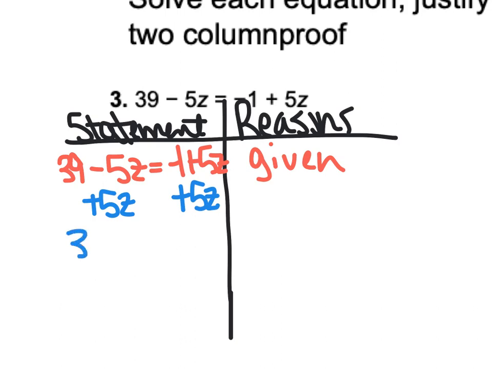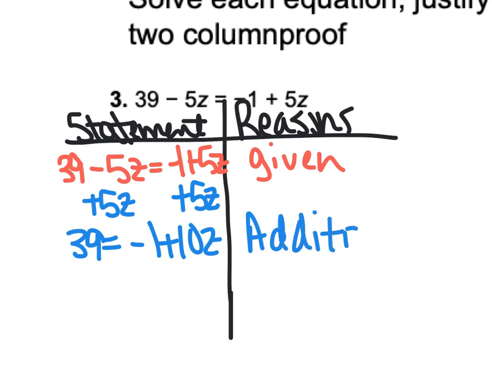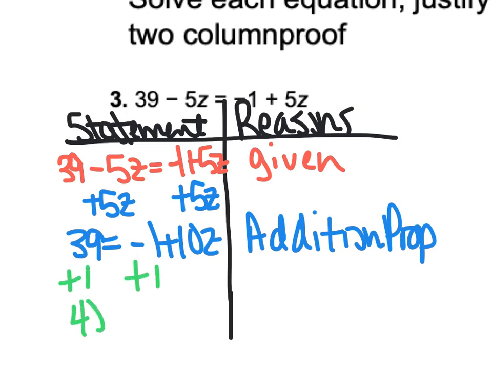So we're left with 39 equals negative 1 plus 10z. Okay, how did I get that? Well, I added 5z to both sides, so that's the addition property of equality. And then, what am I going to do? Well, I want z by itself, so I'm going to add 1 to both sides, and I get 40 equals 10z.